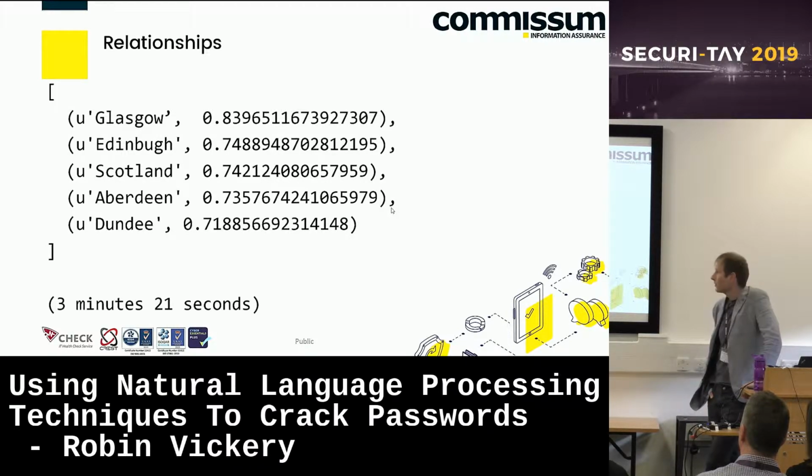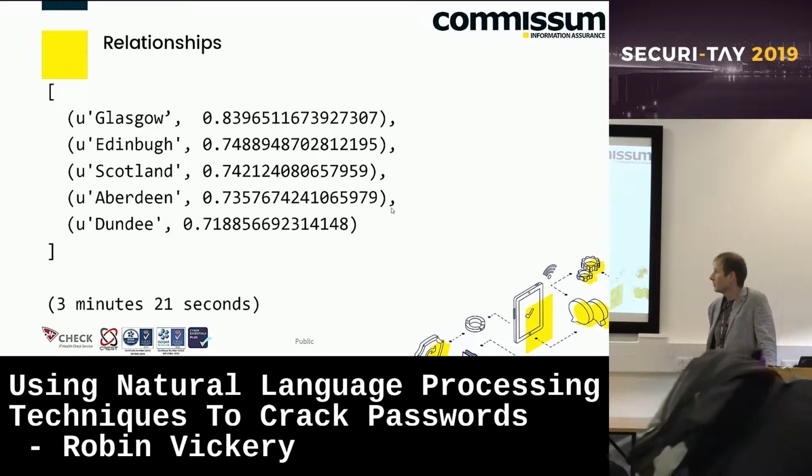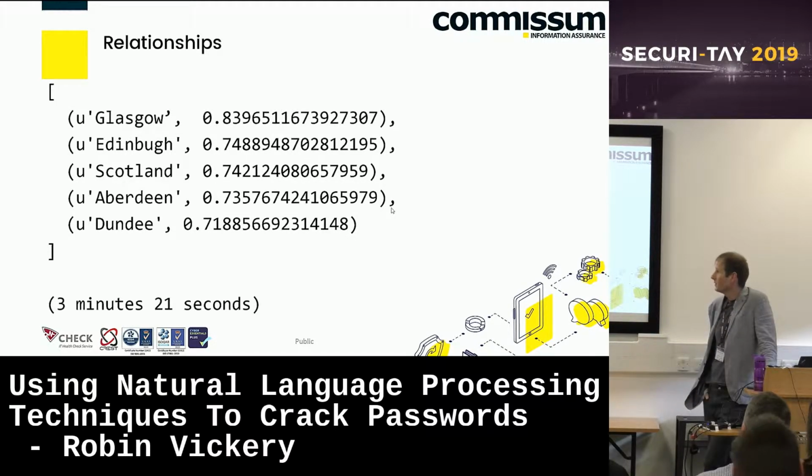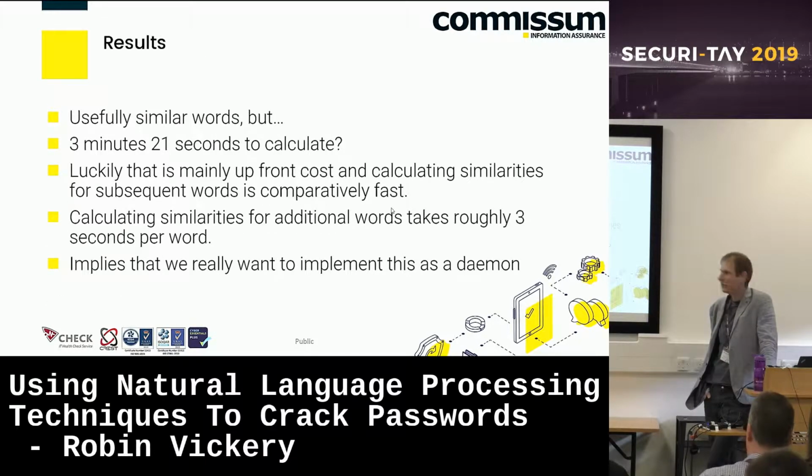It's identified Edinburgh as a city, and it's given us lots of similar Scottish cities. The downside is that it took 3 minutes and 21 seconds to run on my laptop, and in terms of using that to find other candidates for password cracking, that's not really acceptable.